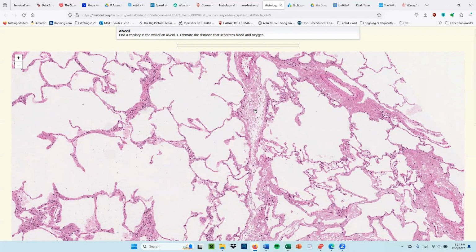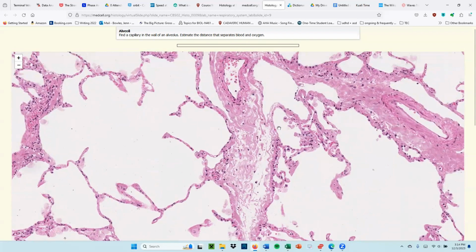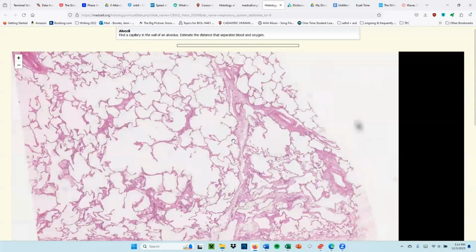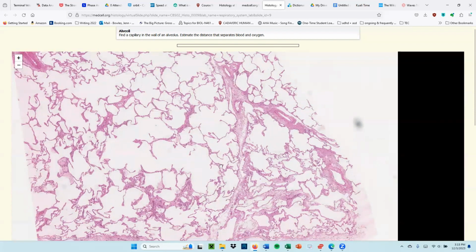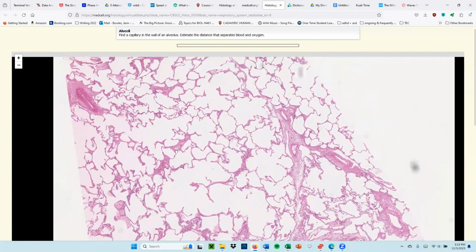And the squiggly stuff you see here, that has more cellular tissue, that's smooth muscle. So we're going to see patterns forming of either a cross section of looking down on a tube lined by smooth muscle, or we will also have passageways. Let me try to find a good example.